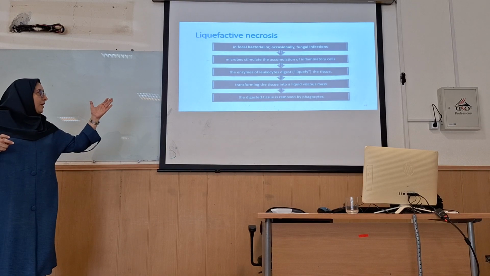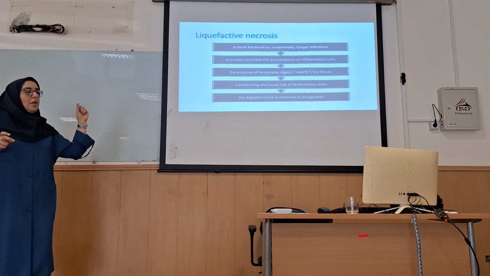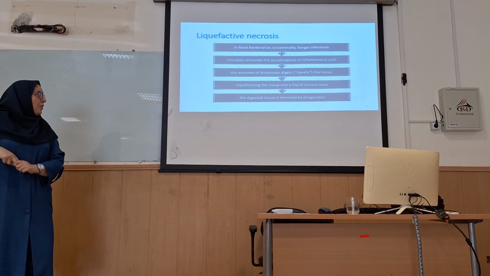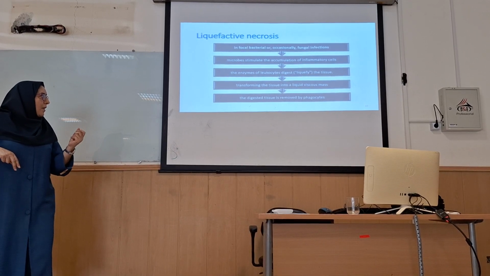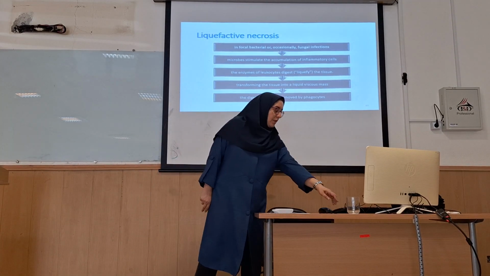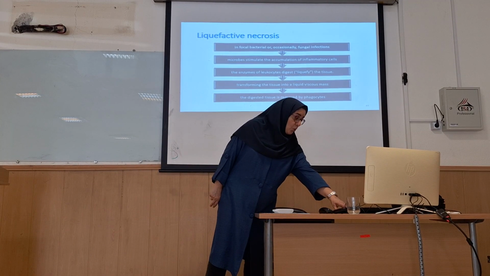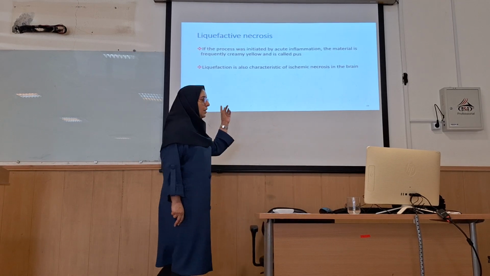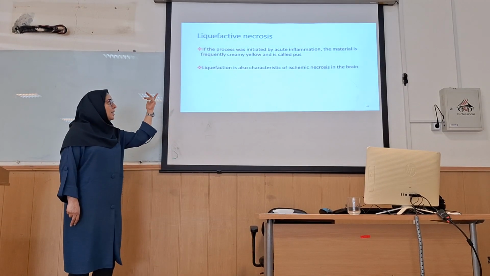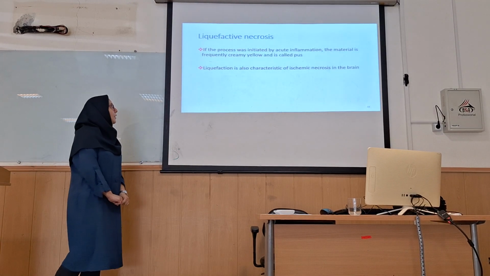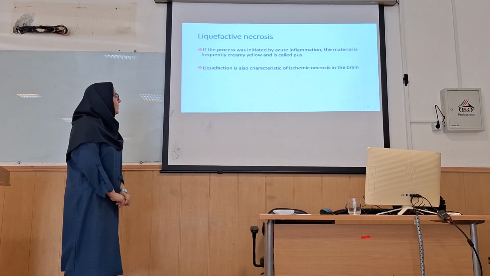Liquefactive necrosis occurs because the tissue has a liquid viscous consistency. Digested tissue is removed by phagocytes, different from the denaturation in coagulative necrosis. We discussed that the brain is an exception. In ischemic changes, we have liquefactive necrosis.